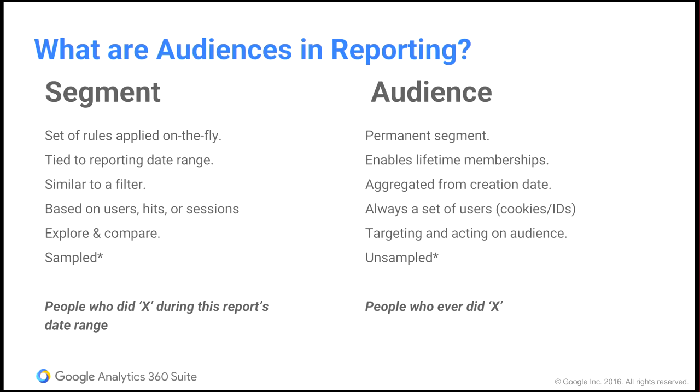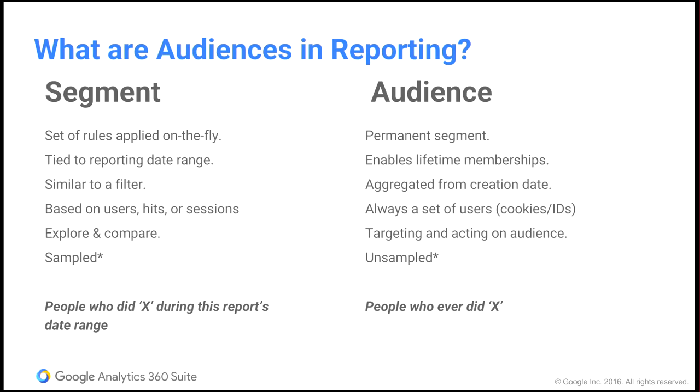So the first question is, how are audiences different from segments? For those of you who are expert segment users, all of the stuff on the left is probably very familiar to you. Segments are basically like a set of rules that are applied on the fly in a report. They are tied to the particular reporting date range, kind of like applying a filter.